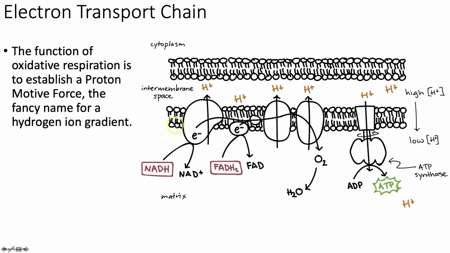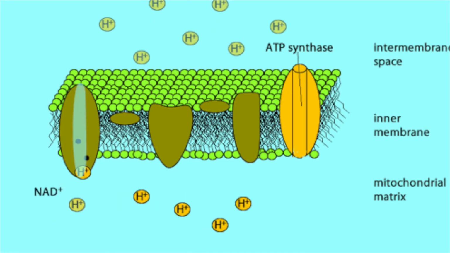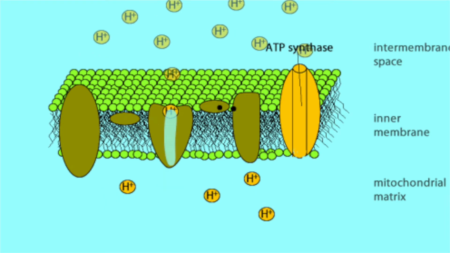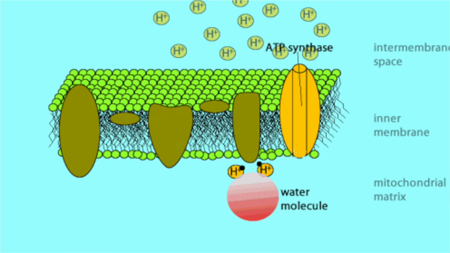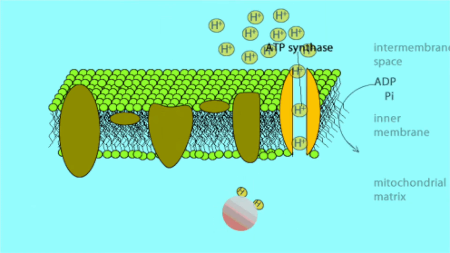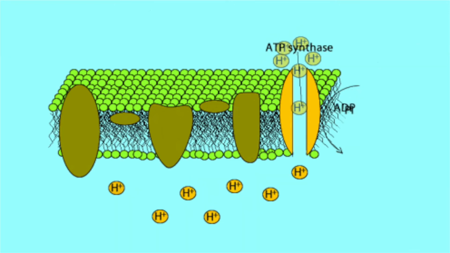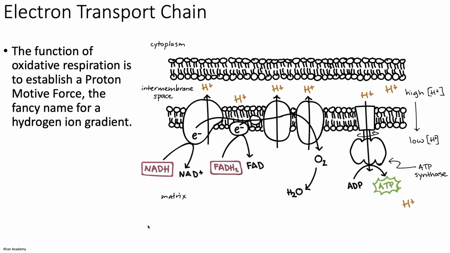So if this electron transport chain is what allows us to put water on one side of a dam, then we can allow that water to come back out on the other side of the dam, and we can use that to generate power. In this case, we're making ATP. It really isn't that different from how a dam works, or like a water wheel, where you could put water or whatever you want on one side of it and allow it to pass back through, and that movement allows you to power something. We see hydrogen gradients all the time.